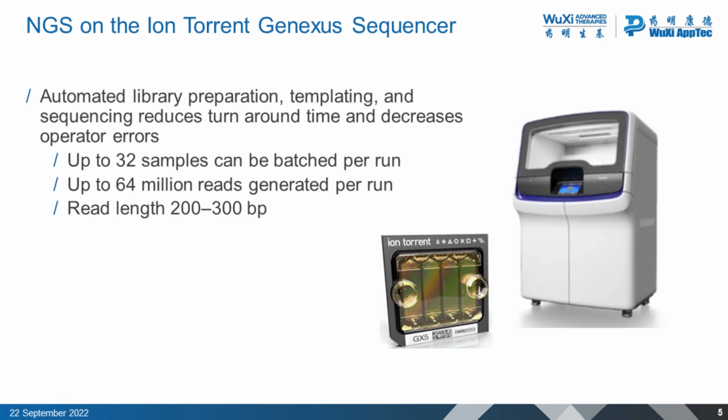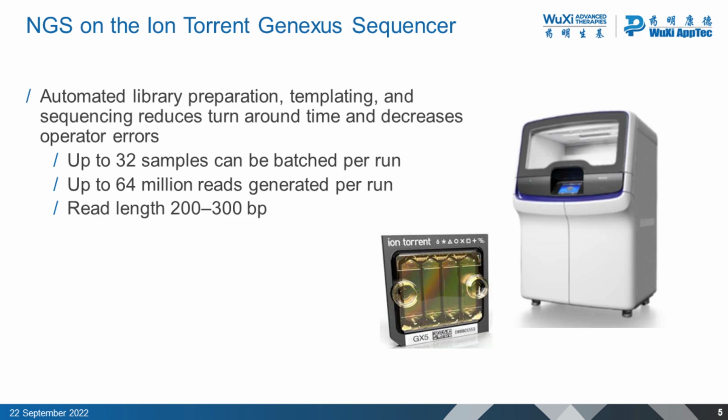WuXi uses the Ion Torrent Genexus platform from Thermo Fisher for our next generation sequencing assays that include whole genome sequencing, targeted sequencing, and cell line identification for non-human origin products. The platform is an automated library preparation, templating, and sequencing all in one instrument.